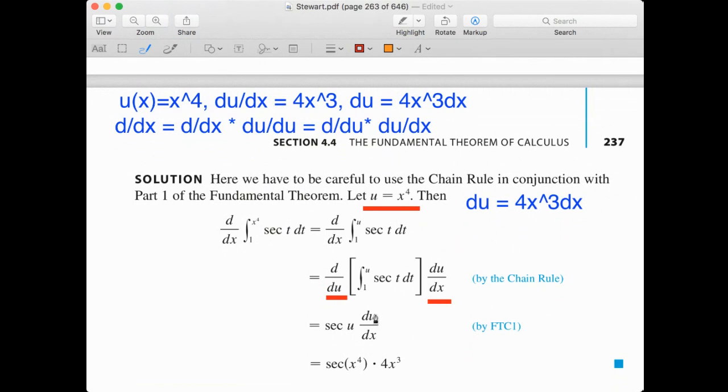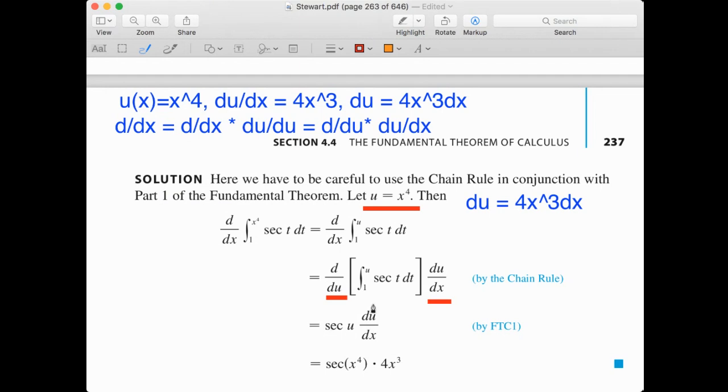So for this first part, now we can apply the fundamental theorem of calculus, the first part. We have the integral from 1 up to u of secant t dt, then we have d/du. So this variable u, this part gives us secant u.